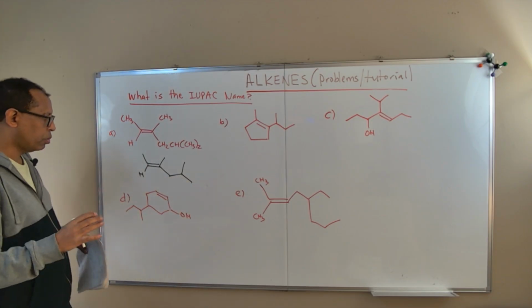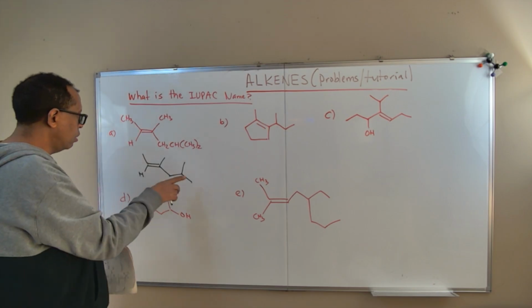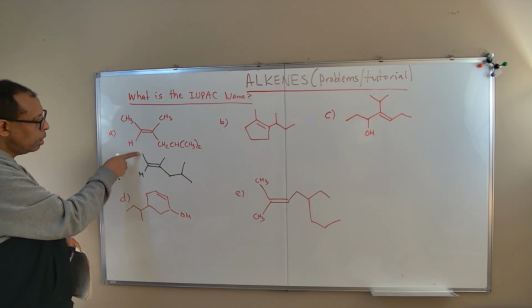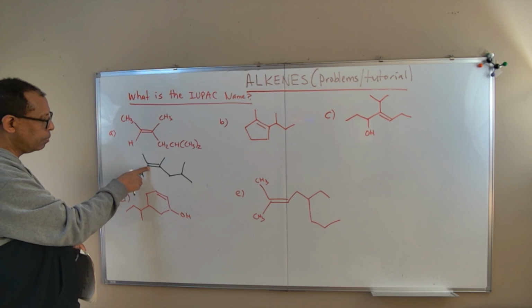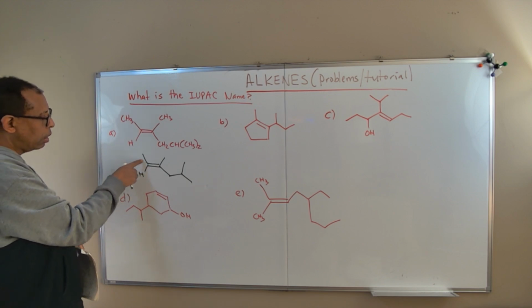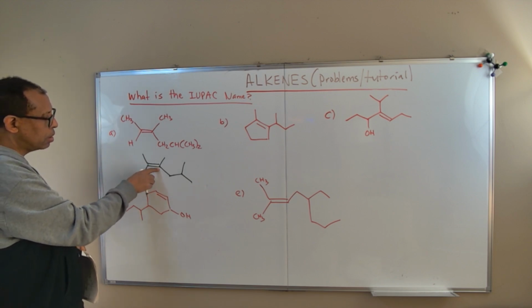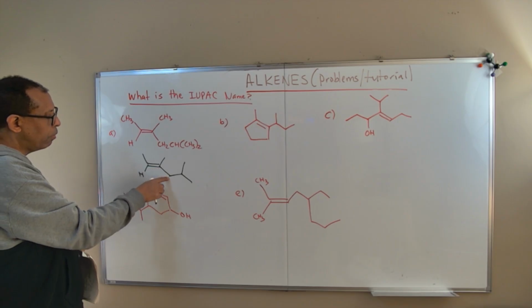So that's for sure. What we're going to name this is: at the 2 position is the alkene, and at the 3 position I have a methyl, 4, 5.